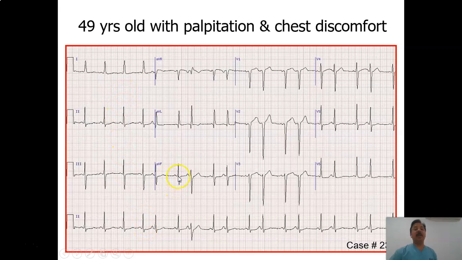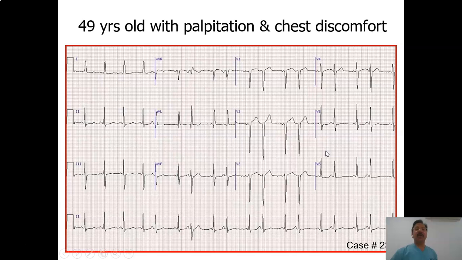Axis, a normal axis. Hypertrophy, atrial, no. Ventricular hypertrophy, 1, 2, 3, 4. Maybe borderline left ventricular hypertrophy, ST segment elevation in V1, V2, V3 seems to be ST segment elevated.